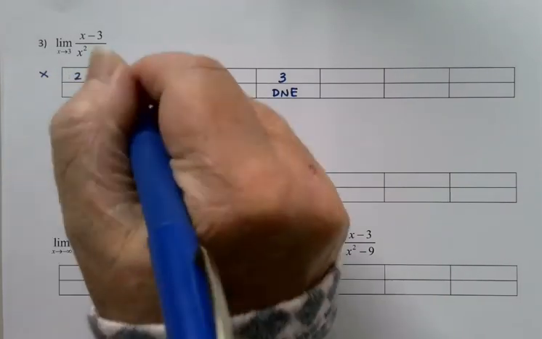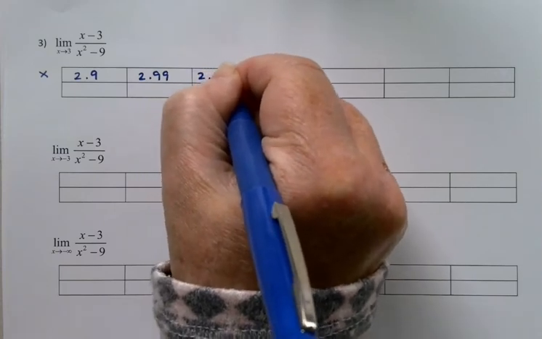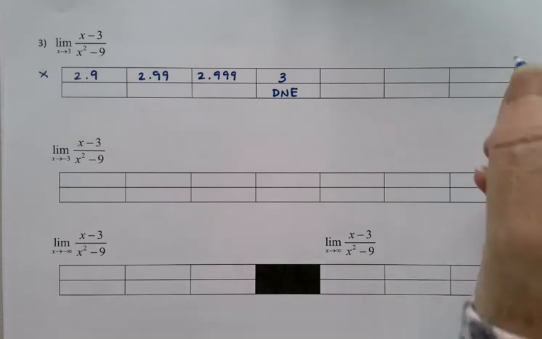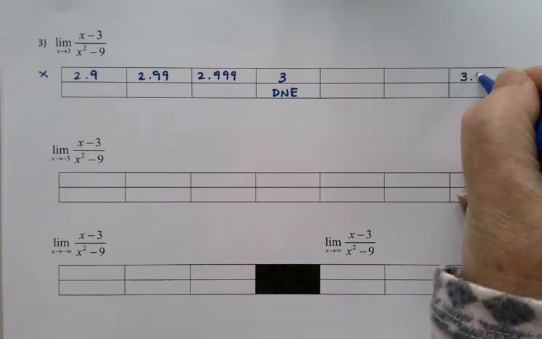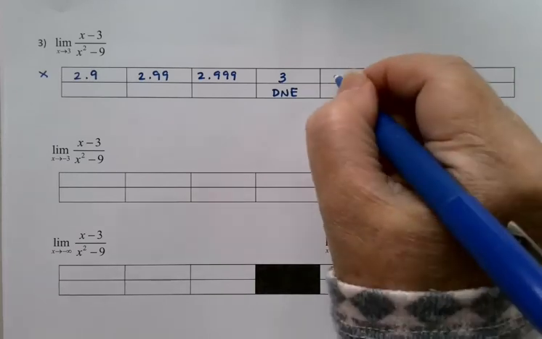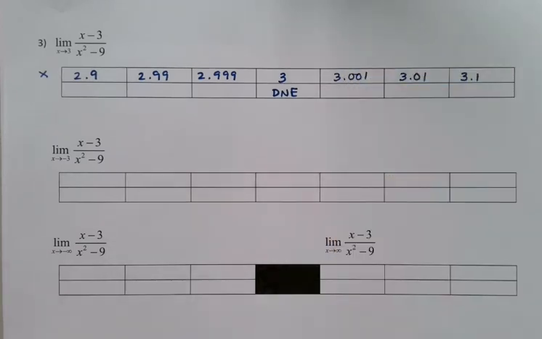So from the left, I'll pick 2.9, 2.99, 2.999, again, kind of our protocol, getting closer by an order of magnitude each time. And then 3.1 on the right, as well as 3.01 and 3.001. And then we'll just calculate the y values that go with that.